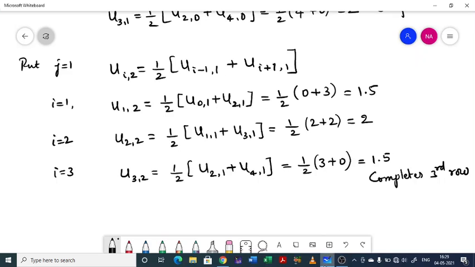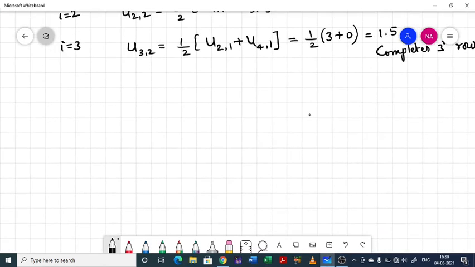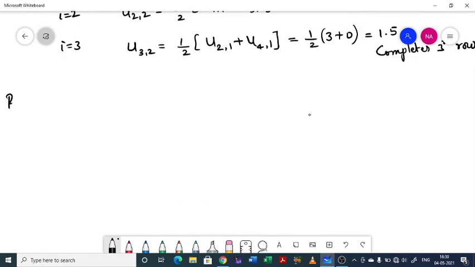Next, j equal to 1 is done, so I have to fix j to 2. Put j equal to 2.